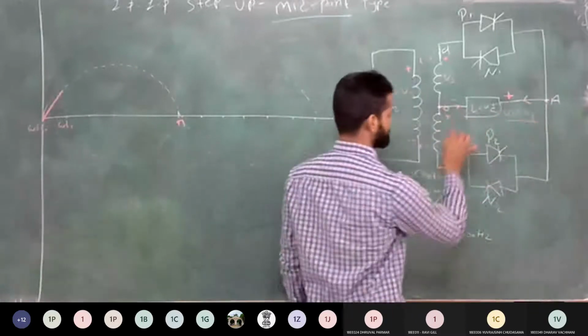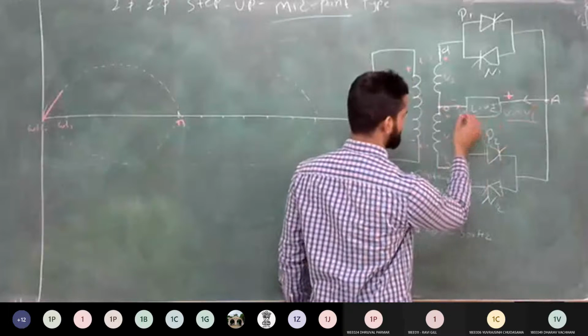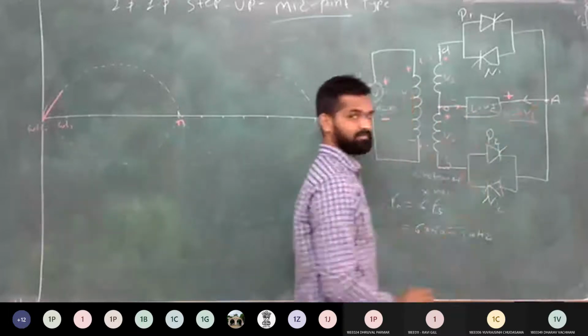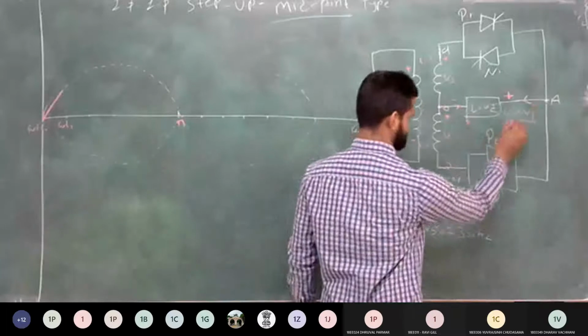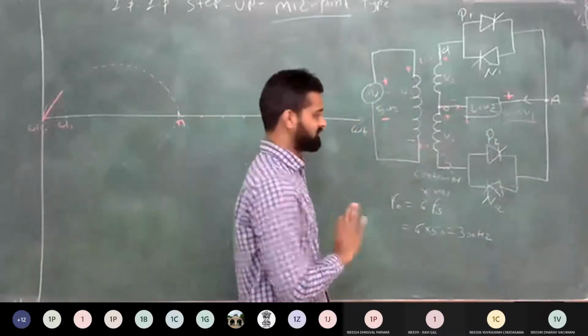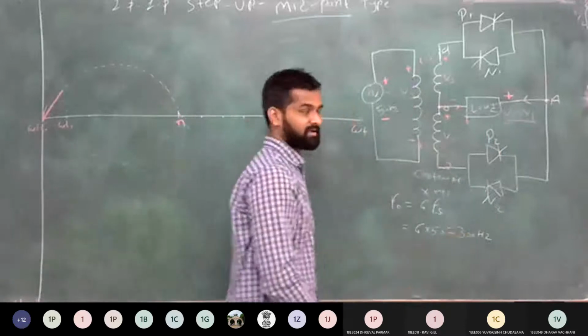Clear? And you can see the voltage polarity at the load side. O terminal is positive with respect to A terminal. It means like this one. It means your load voltage is what? Becomes now negative when N2 will start conducting.